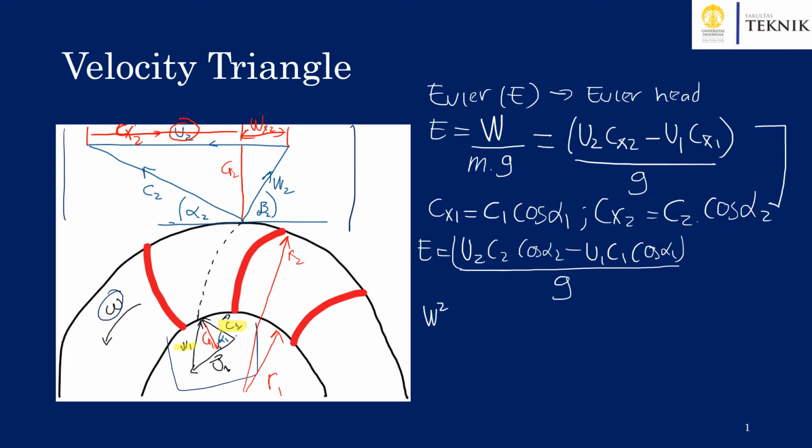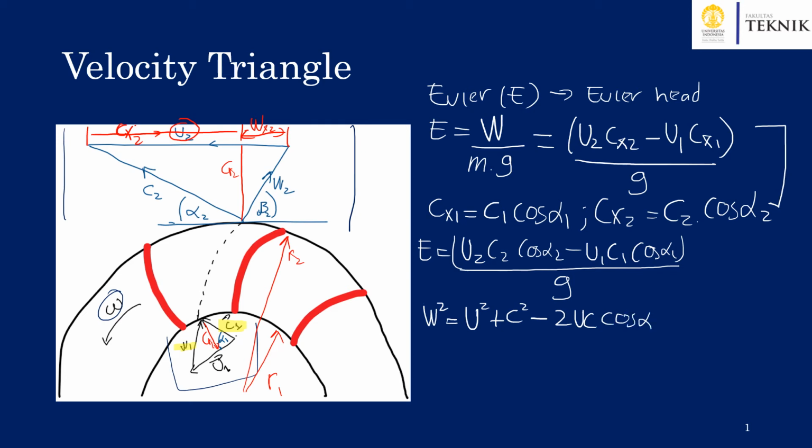And by using the cosine rule, we can write down that the relative velocity, W to the power of 2, is equal to the blade speed U to the power of 2, plus absolute velocity C to the power of 2, minus 2 times U C cos of alpha.